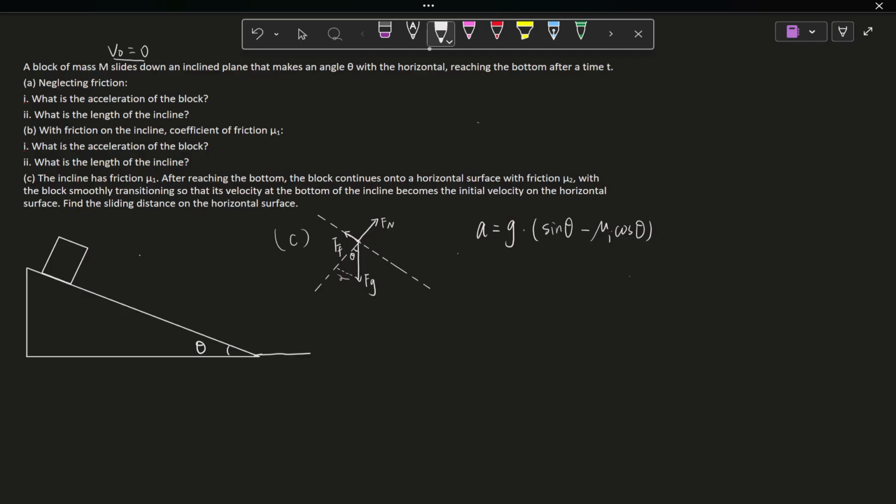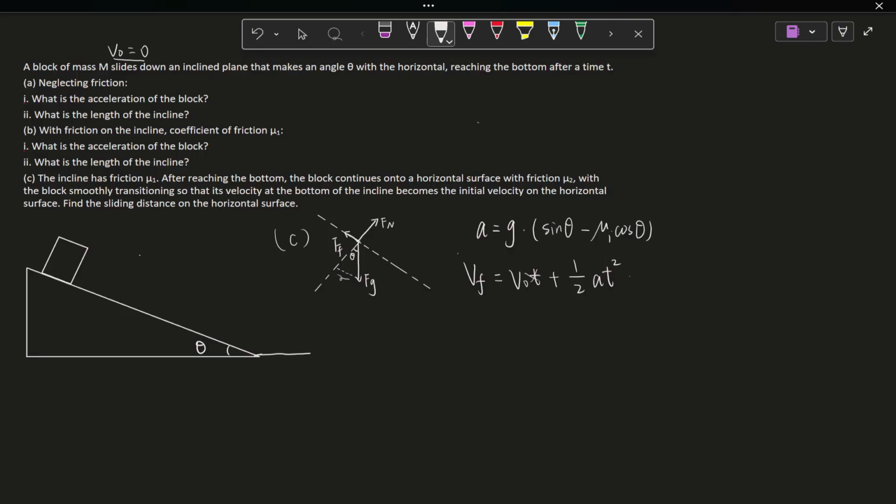So first, we need to find the final velocity as soon as it reaches the bottom of the incline. So Vf is equal to V naught t plus half a t squared. The V naught is equal to 0, right? So there's no V naught here.